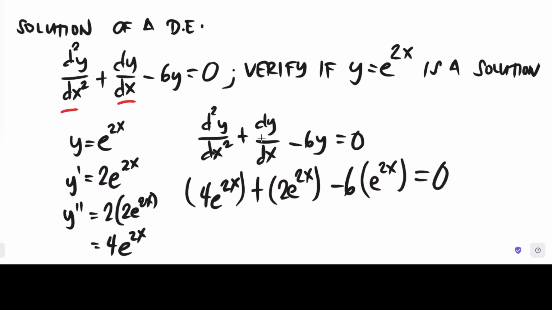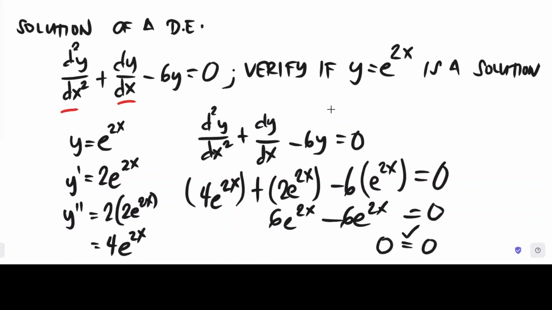Simplifying, 4e raised to 2x plus 2e raised to 2x gives 6e raised to 2x, minus 6e raised to 2x, and they cancel out. So we have 0 equal to 0. Since the equation is now balanced, we can say that y is equal to e raised to 2x is a solution.